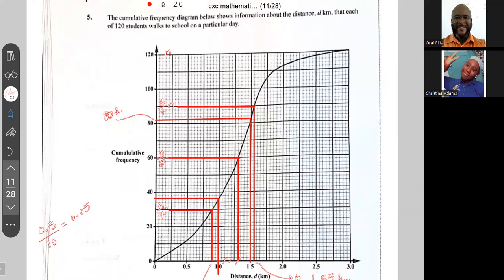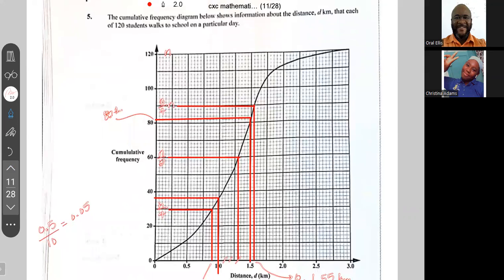So we did 1.5 already, and 1.5 is student number 82. Two kilometers corresponds to, all right, let's see.